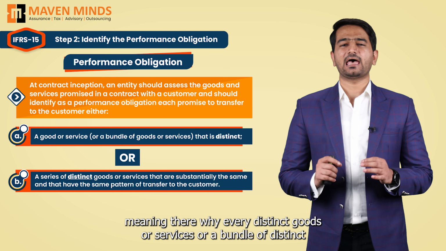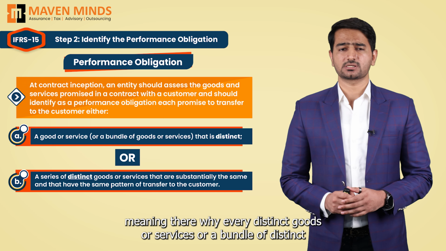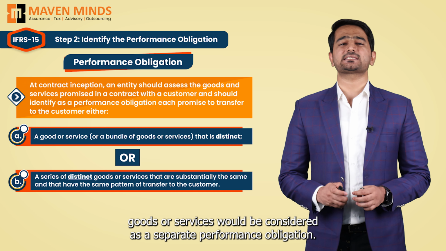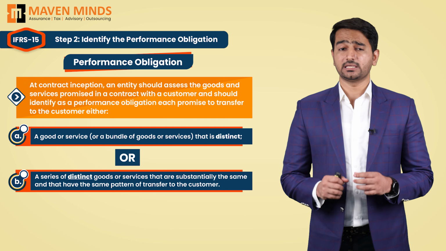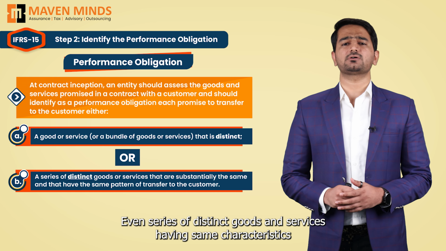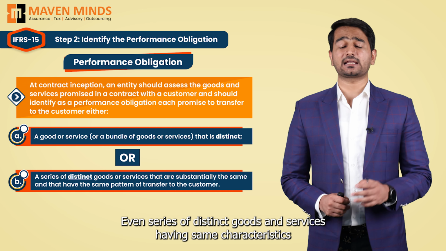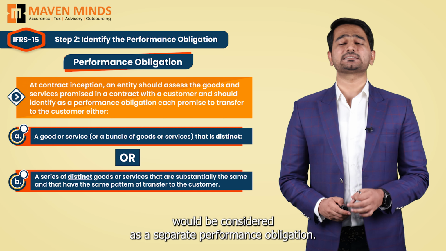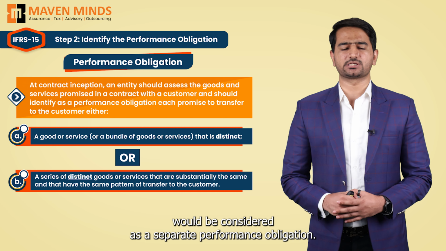Meaning thereby, every distinct goods or services or a bundle of distinct goods or services would be considered as a separate performance obligation. Even series of distinct goods and services having same characteristics and same pattern of transfer to the customer would be considered as a separate performance obligation.